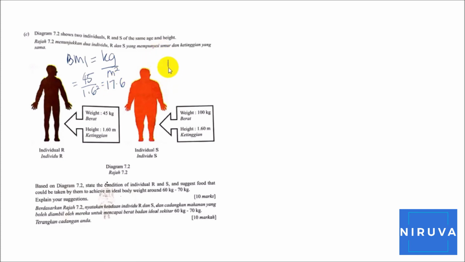And then for individual S, the weight is 100 kg over 1.6 squared and the BMI is 39. For adults from age 18 to 65 years, a BMI of 25 or more is considered obese. An ideal BMI is between 18.5 to 24.9, meaning that individual R is underweight, while individual S is obese.